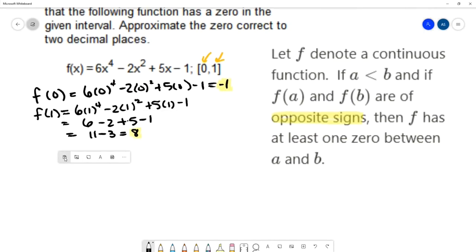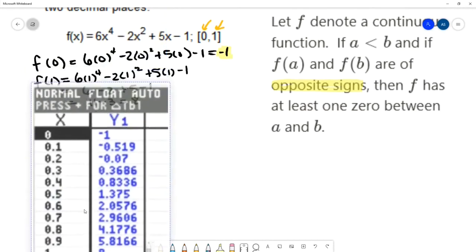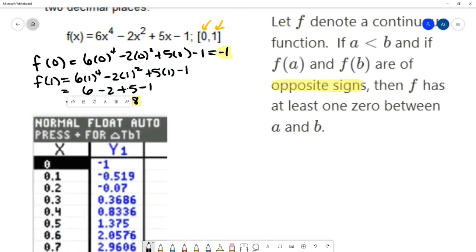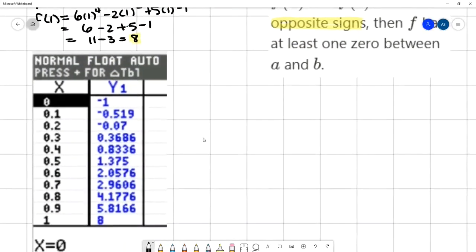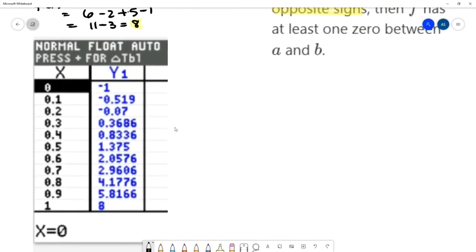So using the intermediate value theorem, it says that if we have a change in the sign, if we have opposite signs, then we are guaranteed to have a 0 between them.